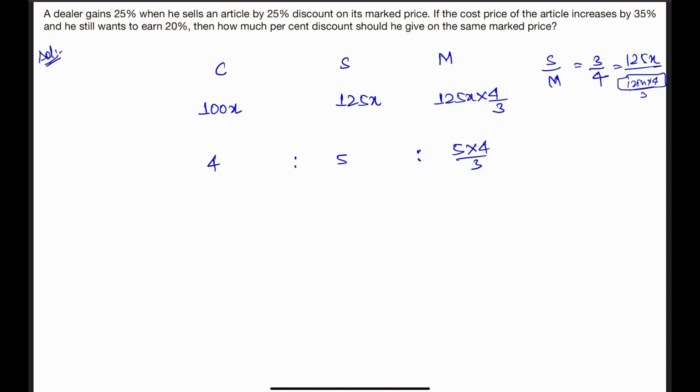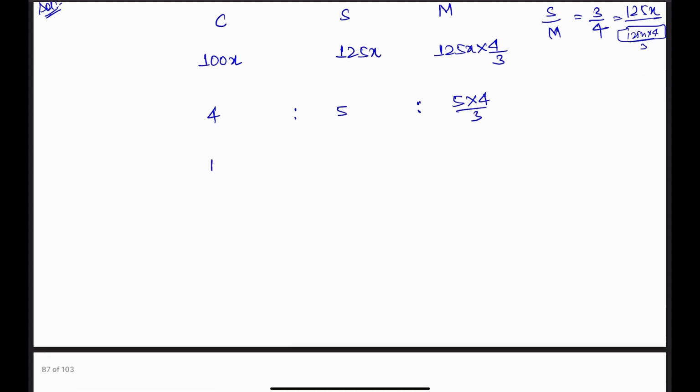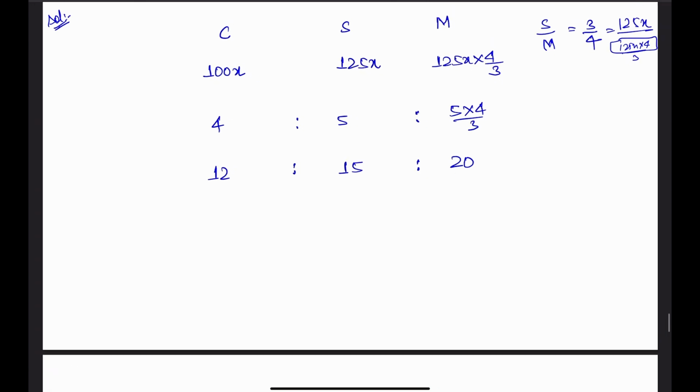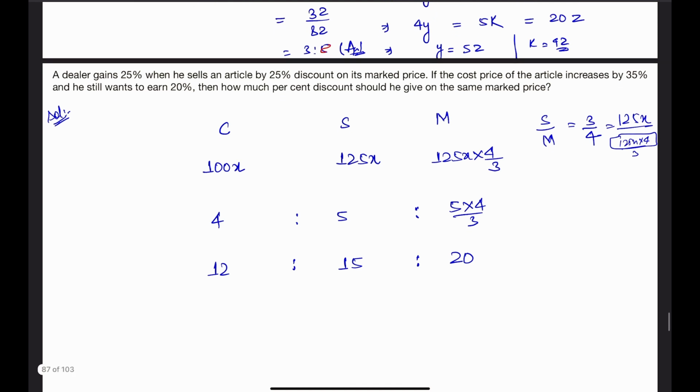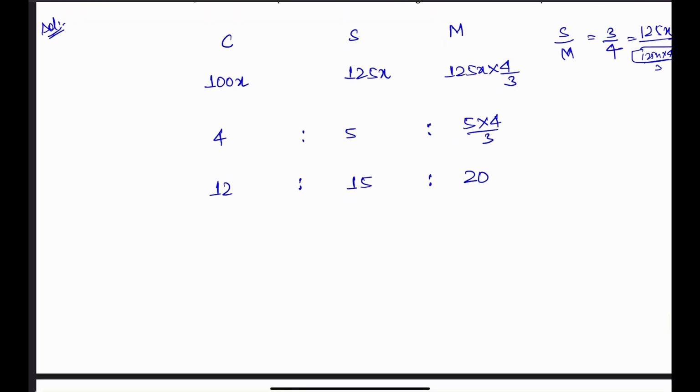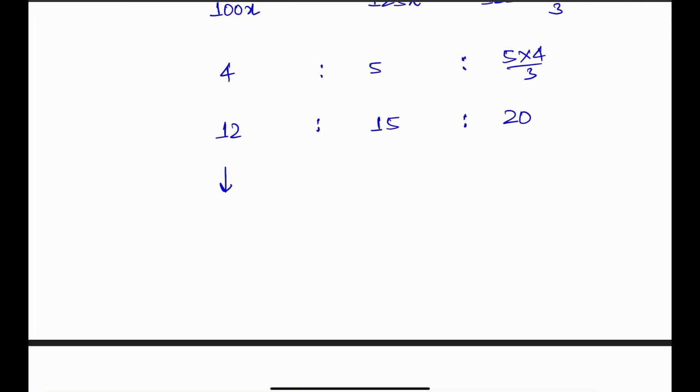So just multiply everything by 3, so it will be becoming 12:15:20. So this is the ratio. Okay, if the cost price of the article is increased by 35%, so if my cost price is increased now 35%, so 12 into 35 upon 100.